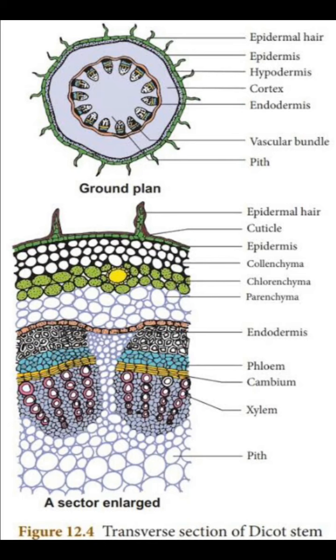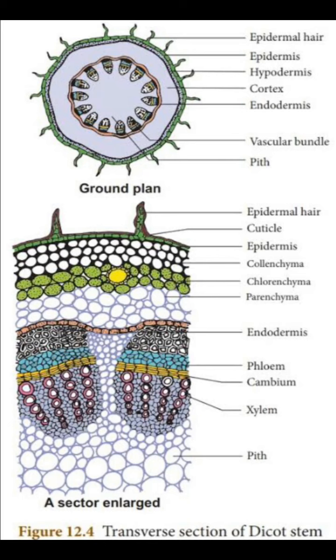The transverse section of a typical young dicotyledon stem shows that the epidermis is the outermost protective layer of the stem. You can see the epidermis which is present in this structure, covered with a thin layer of cuticle. It may bear trichomes and a few stomata.